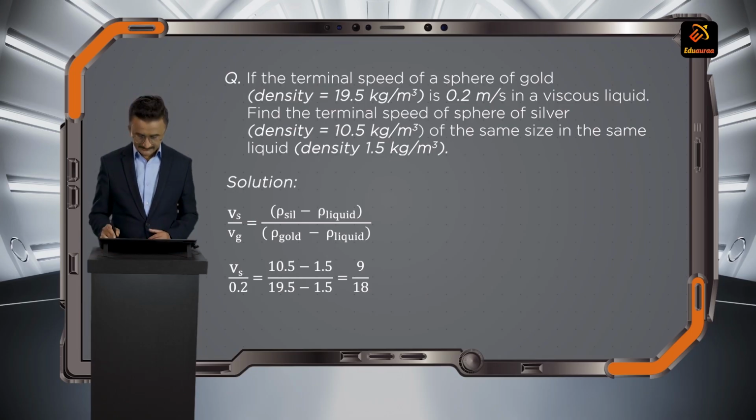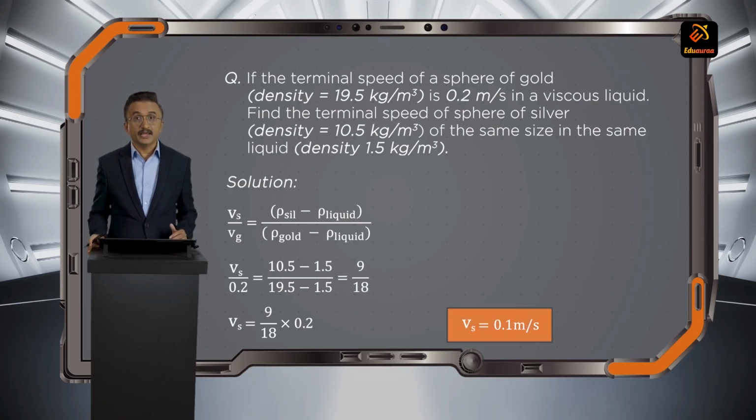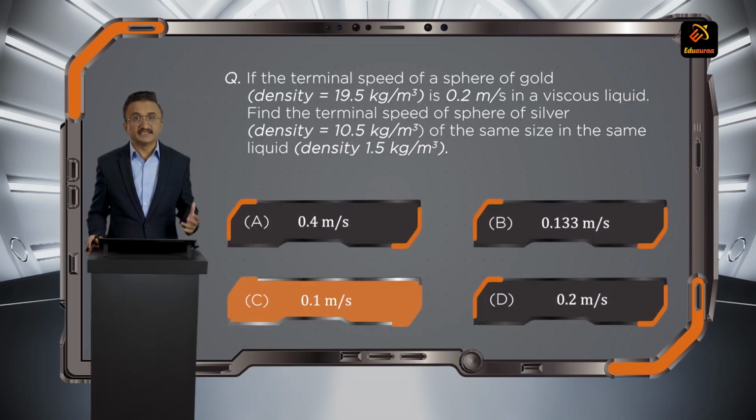So Vs is equal to 9 by 18 into 0.2. 9 by 18 means it is 1 by 2. So 0.2 divided by 2, so it is 0.1 meter per second. So this question is a 2006 question. And I can say the correct option is option C, 0.1 meter per second.